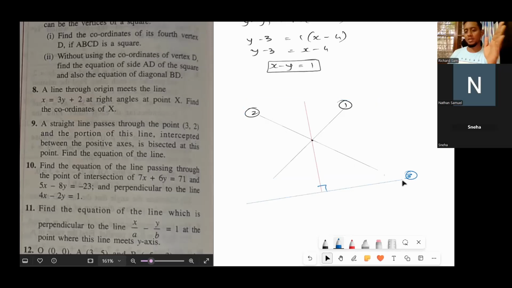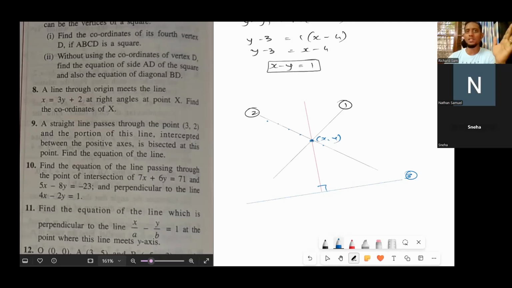See, every line has many points. Every line has so many points. xy, xy, xy. This point here will also have an xy which is common for both the lines. And to find that xy, you just have to solve the two equations simultaneously. Is that clear?